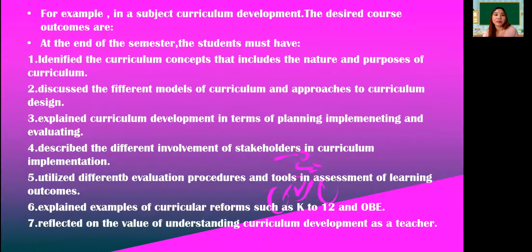For example, in the subject Curriculum Development, the desired course outcomes are: at the end of the semester, the students must have, number one, identified the curriculum concepts that include the nature and purposes of curriculum. Number two, discussed the different models of curriculum and approaches to curriculum design. Number three, explained curriculum development in terms of planning, implementing, and evaluating.